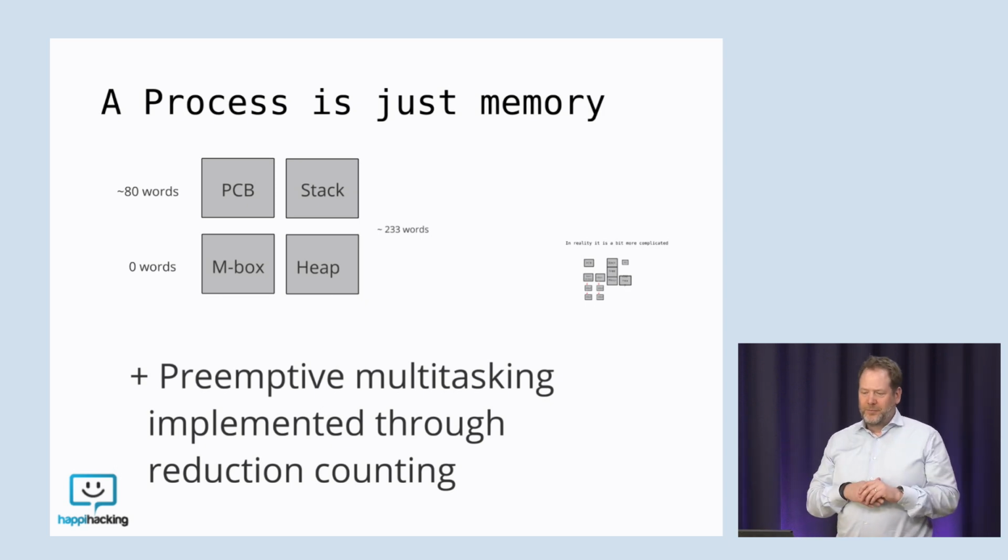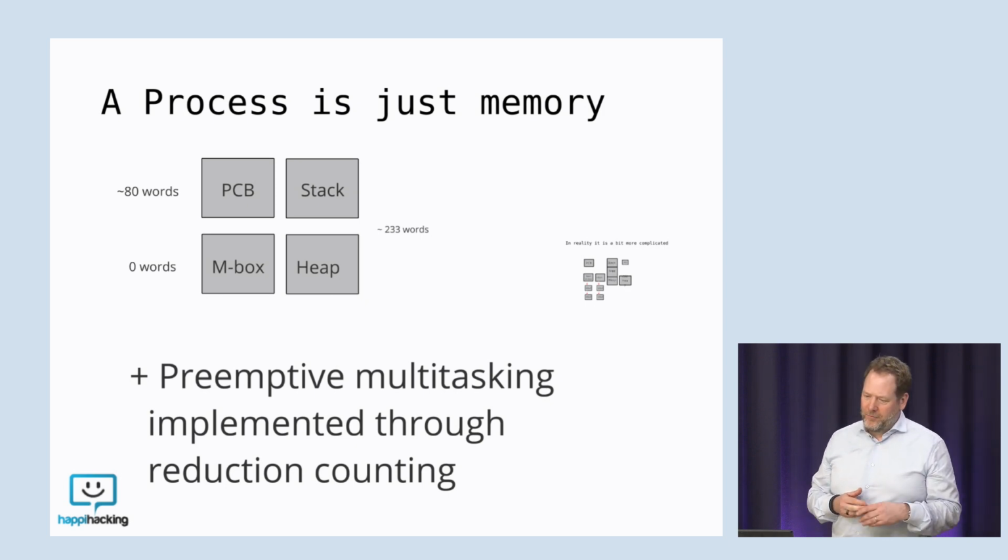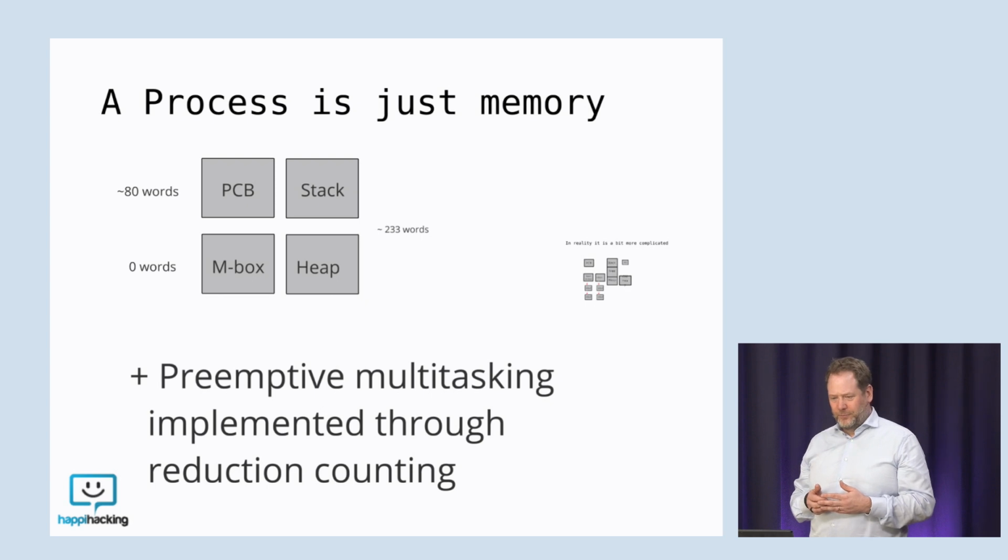So from a high-level view, a process is just memory. It has a process control block which keeps track of, for example, the number of reductions that you have used and where in the code you're running, the last function and so on.